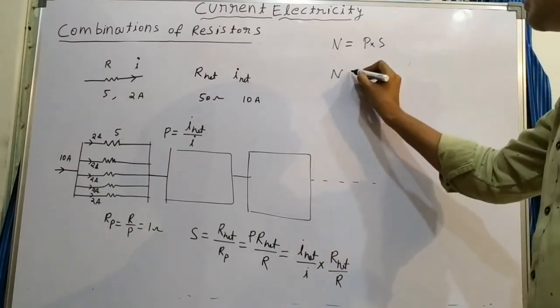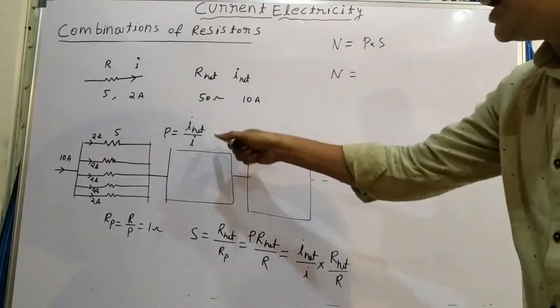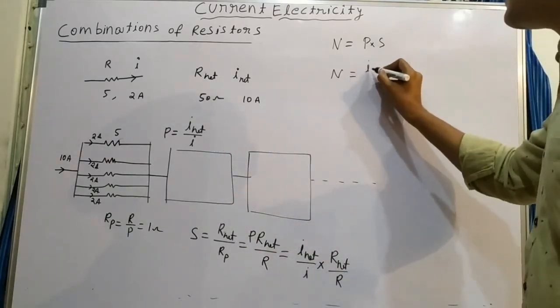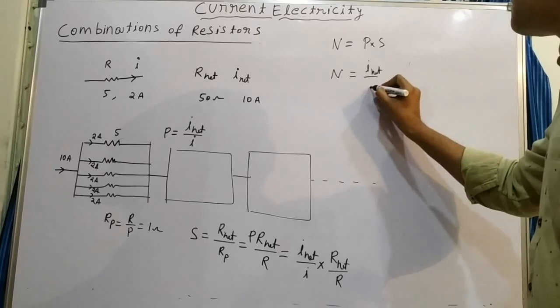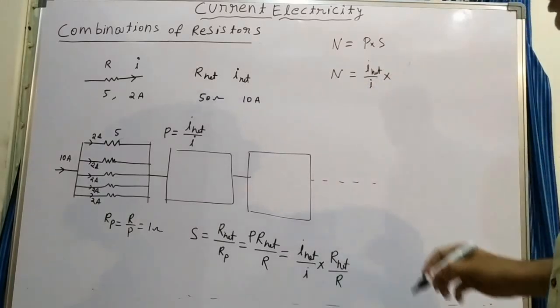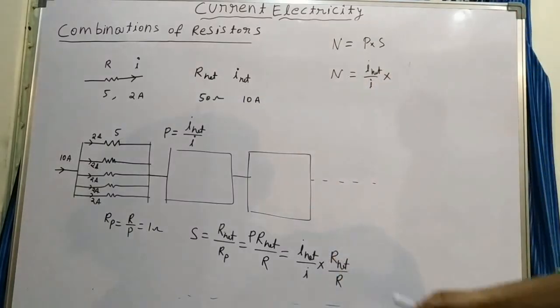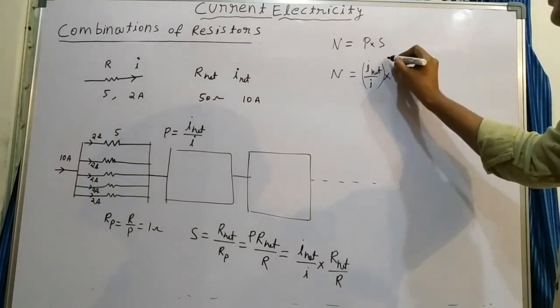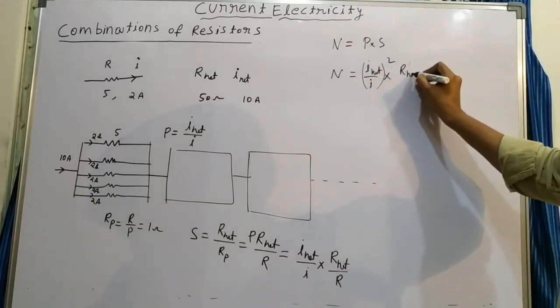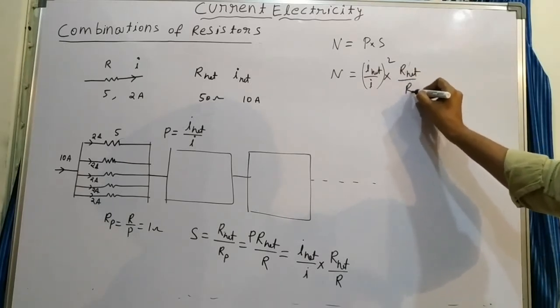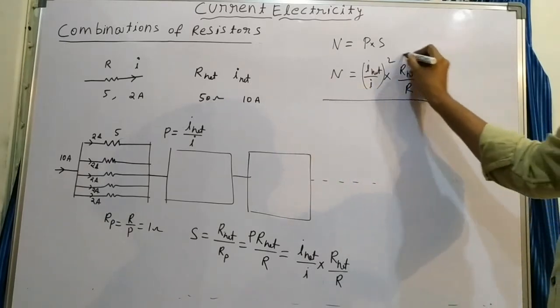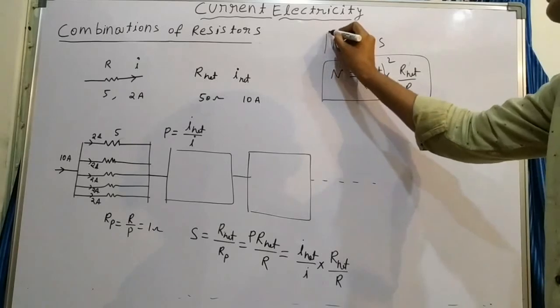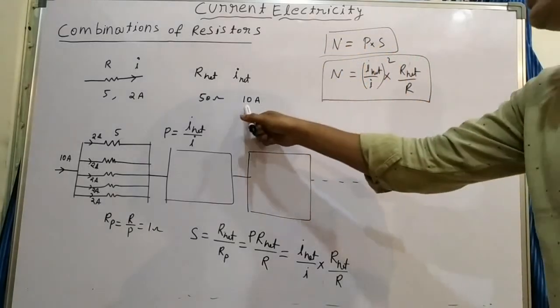N is equal to I net by I, the parallel part, into I net by I into R net by R, the series part. This many resistors are required to build this resistance.